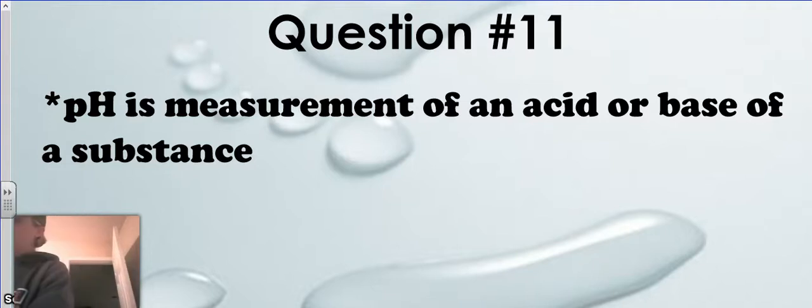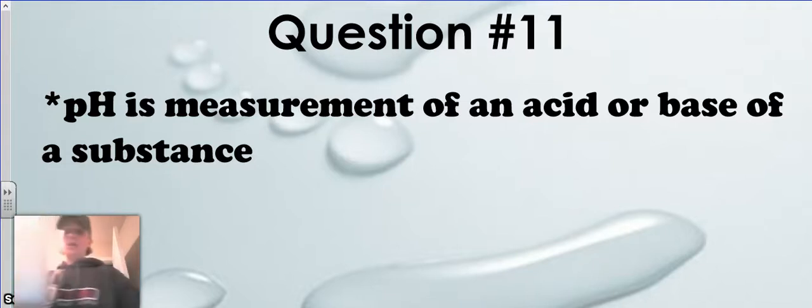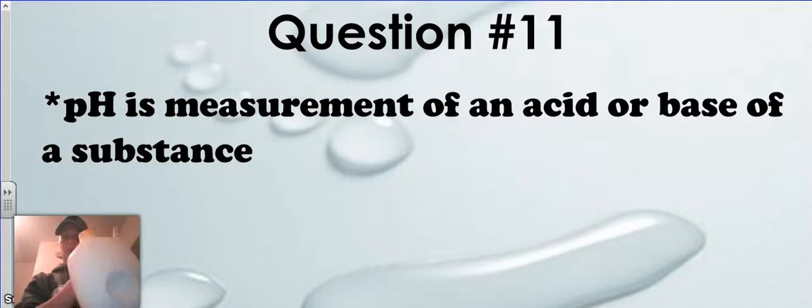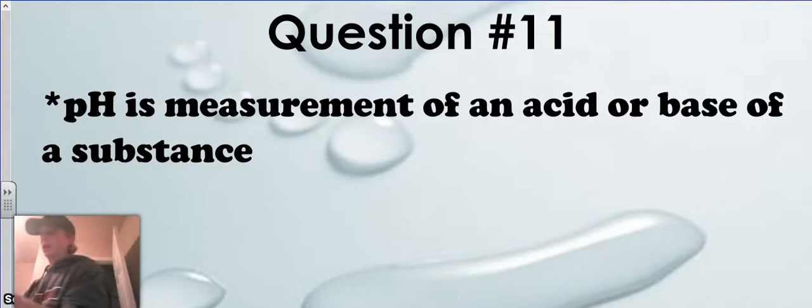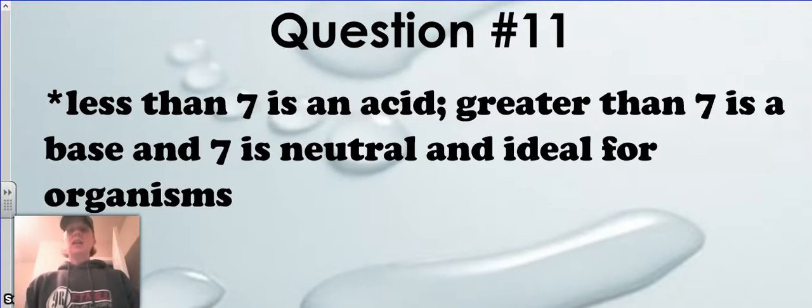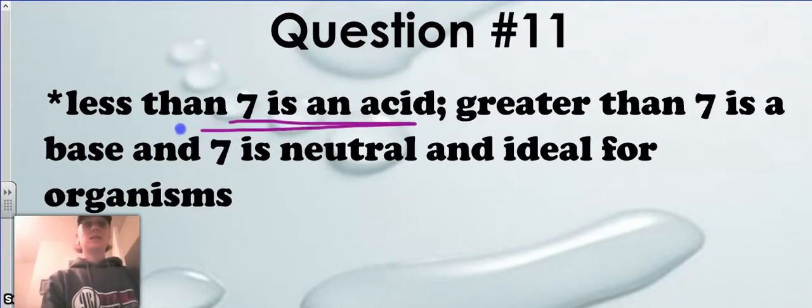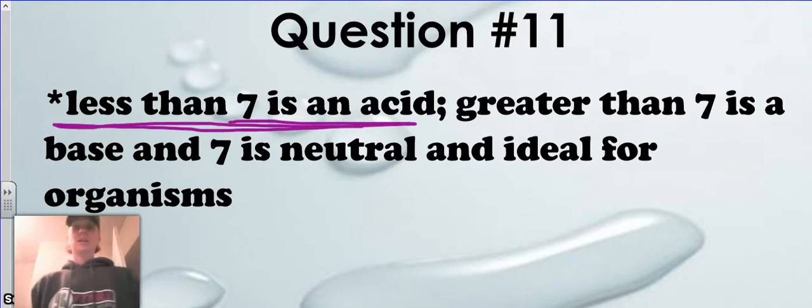Okay, an example of a base. Voila! This is a good old carton of, you guessed it, milk. This is a base. So when we say pH, we're just measuring how much of an acid it is, or how much of a base it is. Anything that is less than 7 is considered an acid.